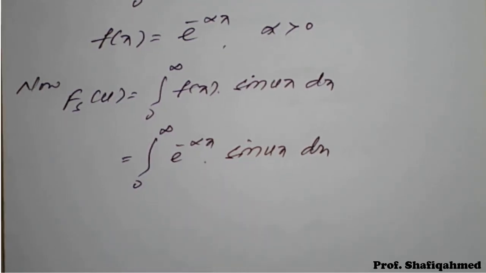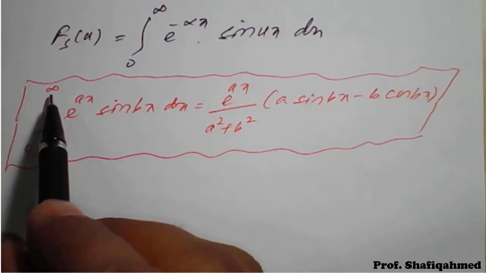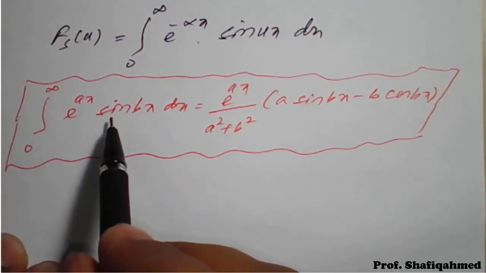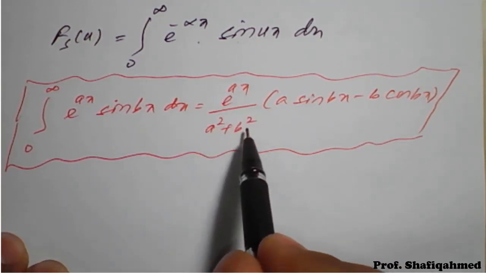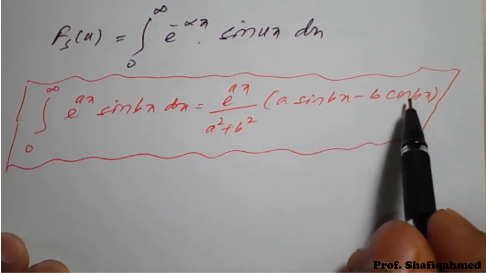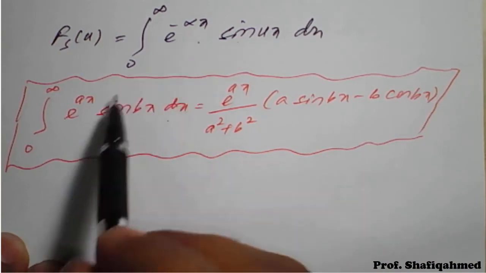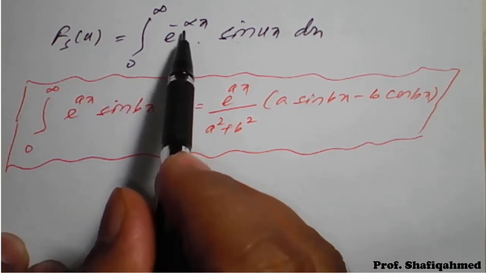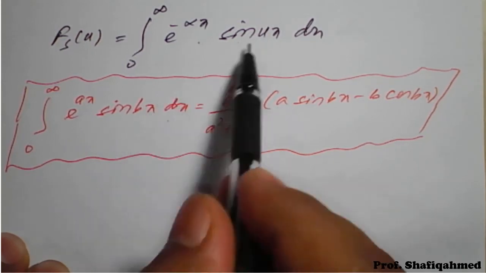That formula is integration 0 to infinity e raised to ax sine bx dx is nothing but e raised to ax upon a square plus b square into a sine bx minus b cos bx. So here if we compare, the value of a is minus alpha and the value of b is u.